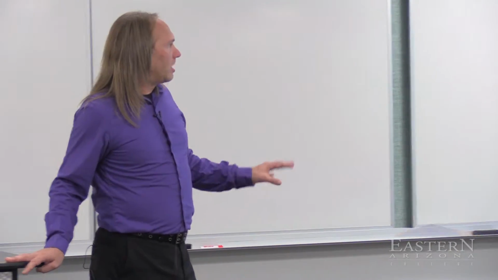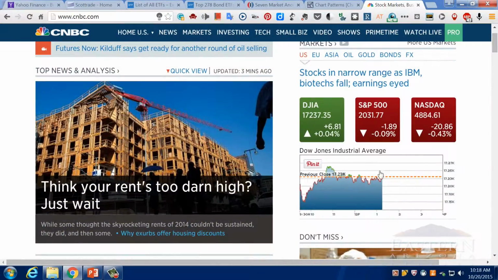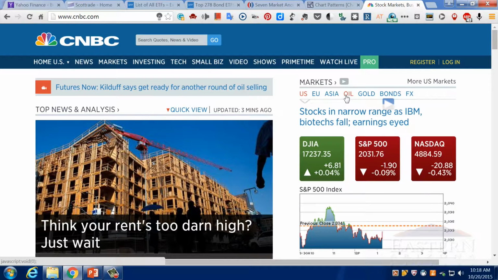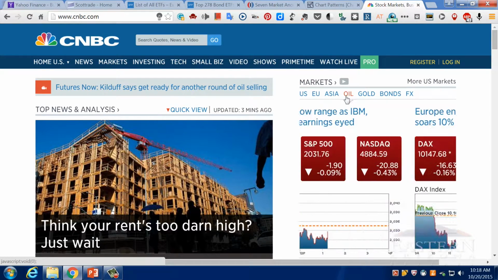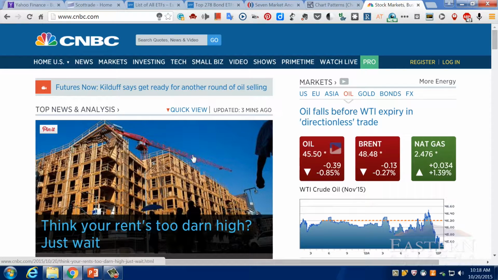I'll tell you guys right now, one of the ones I'm following is, let me get it up here. It takes a little while to figure out where things are, but I'm following oil, and I'm going to make a lot of money on this eventually. Right now it's going in a pattern, and if you follow the pattern, you should be able to jump in at the bottom, just like the Freeport thing.